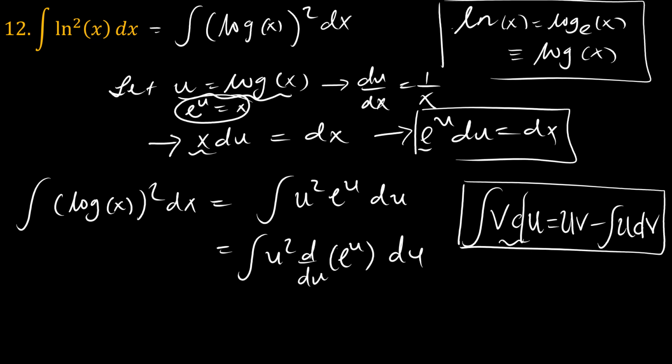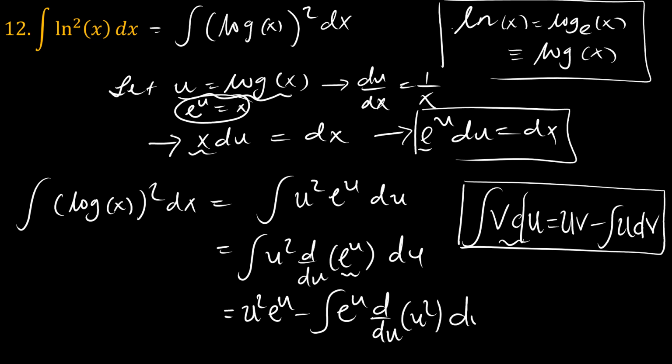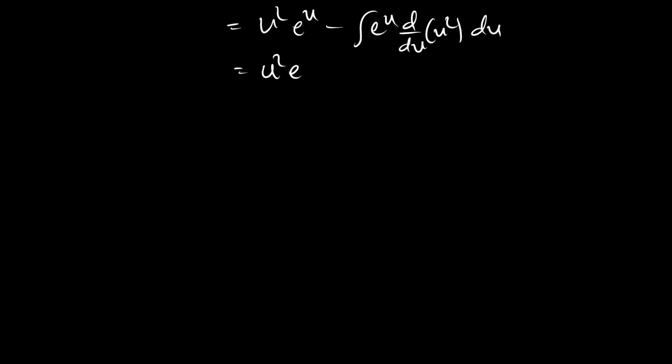Okay, so if this is our u, then our uv is going to be u squared e to the u minus the integral of e to the u times the derivative of u squared with respect to u. So we've come to u squared e to the u minus the integral of e to the u times the derivative of u squared, which is the same as u squared e to the u minus the integral of 2u e to the u.